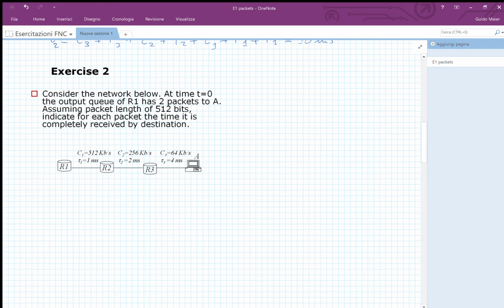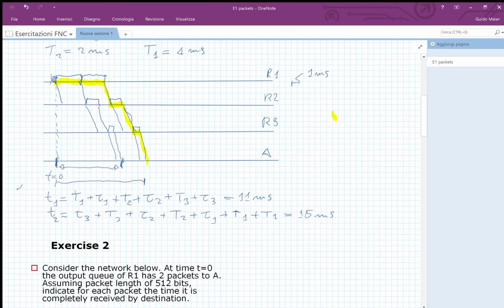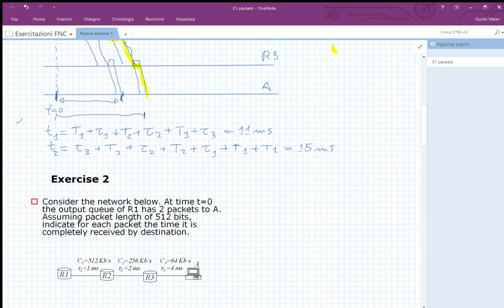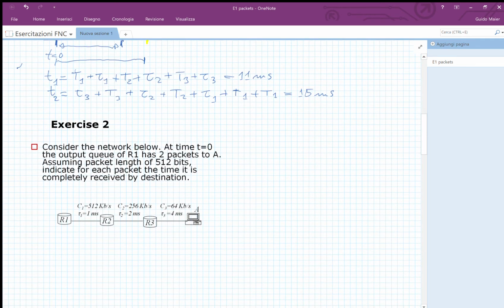Okay, so the first capacity is 512 kilobits per second, the second is 256, the third is 64. So in this case, things are not linear and simple as here, but you have to take into account that since the transmission times are increasing, the second packet will have to wait for the first packet to be completely transmitted at the intermediate steps.